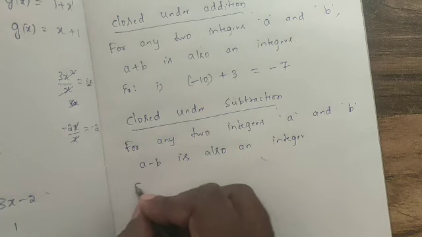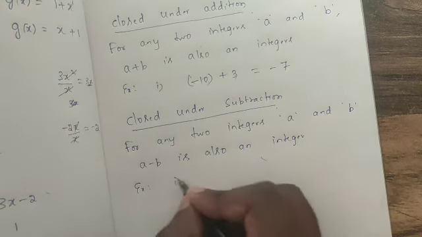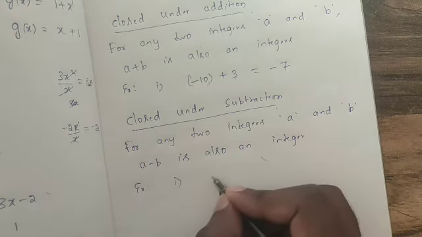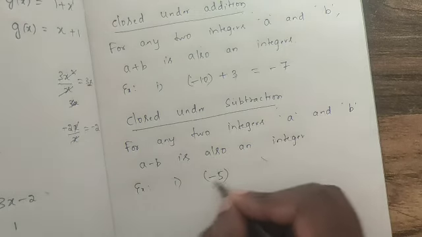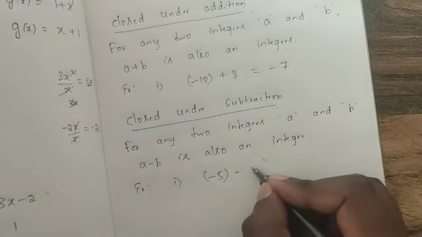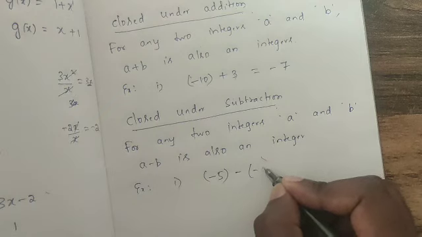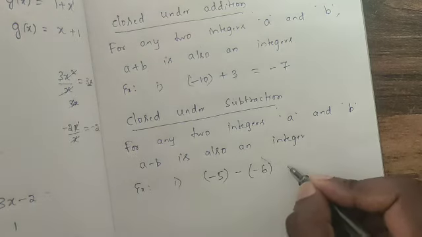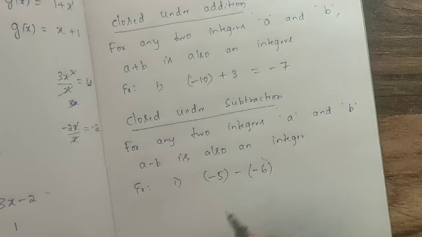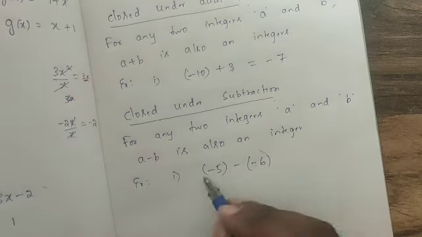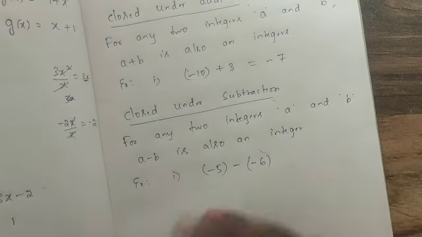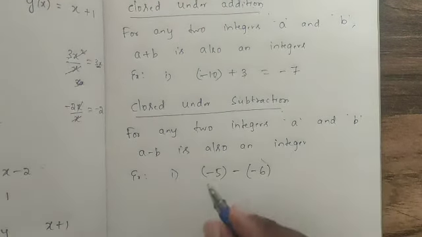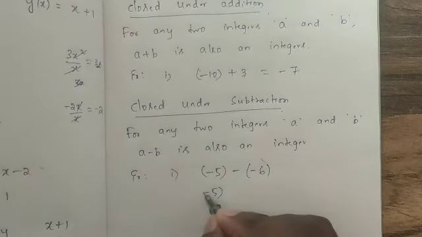Example, you take any example. I'll take minus 5 and minus 6, both negative numbers, with the subtraction operation. What is the answer? Both are negative numbers and here I have a subtraction operation, so I should convert it into an addition operation. Minus 5 as it is.